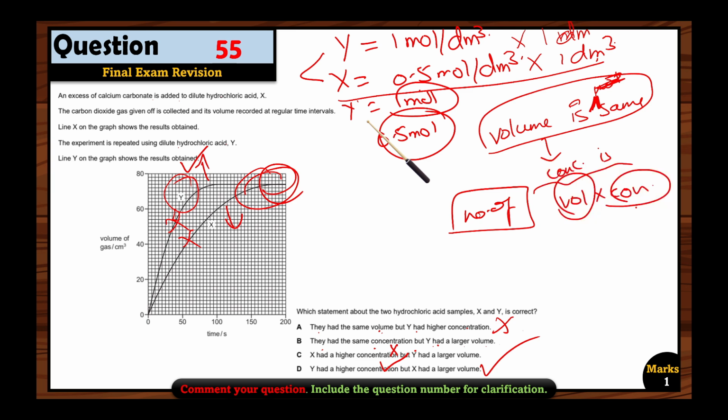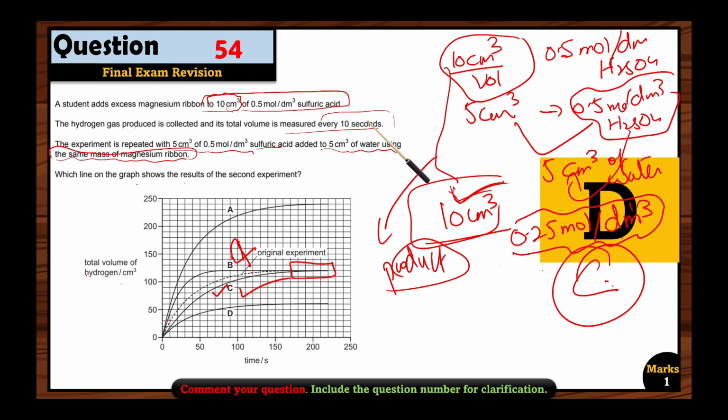And the same is for question number 54. Option D is actually the right option. Okay, my mistake, option D is the right option. Why? If they are using the same volume, and 0.5 mole per dm cube is used, then the other is 0.25.